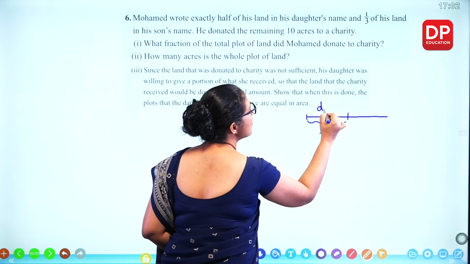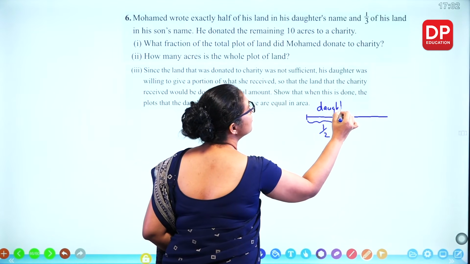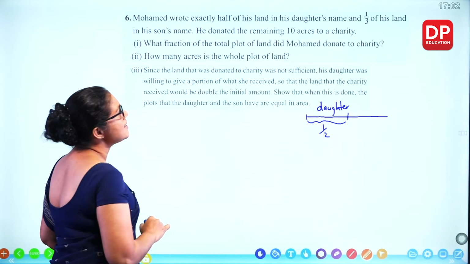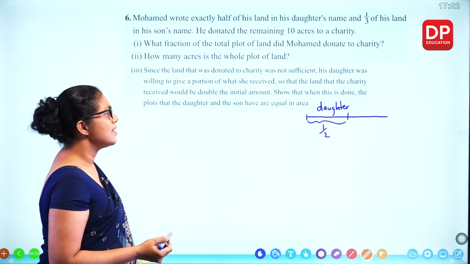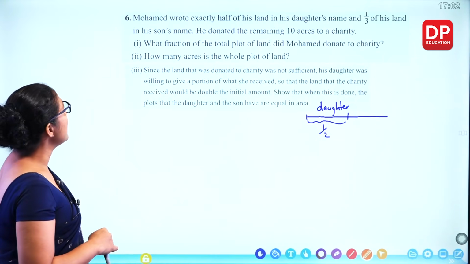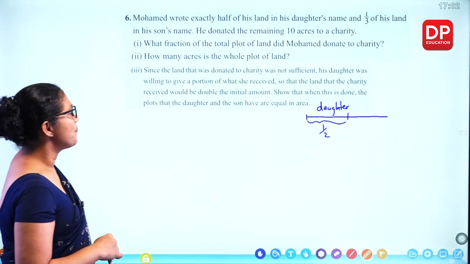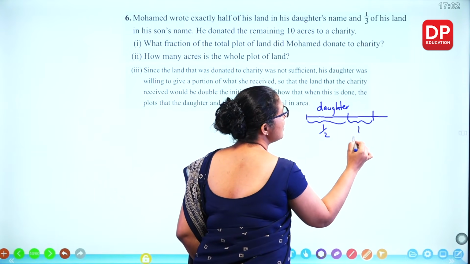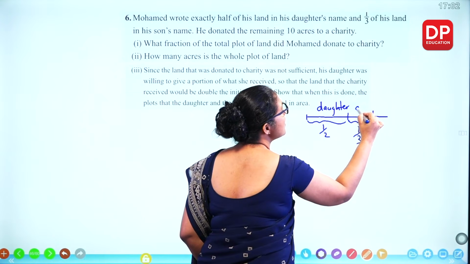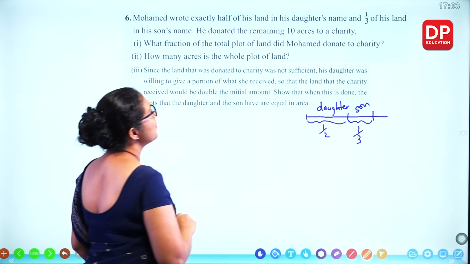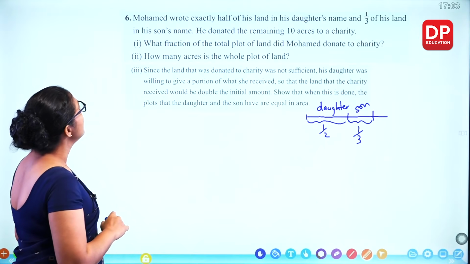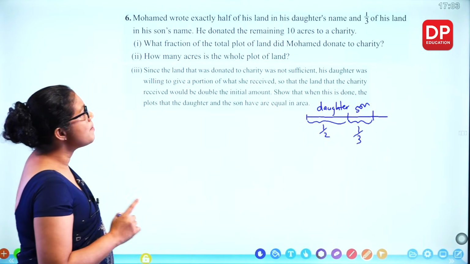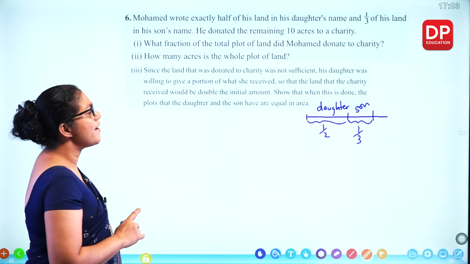So this is for his daughter. Then it says, and 1/3 of his land, so 1/3 of the full thing in his son's name. 1/3 of the land. So we will mark here this part for his son. He donated the remaining 10 acres to charity.